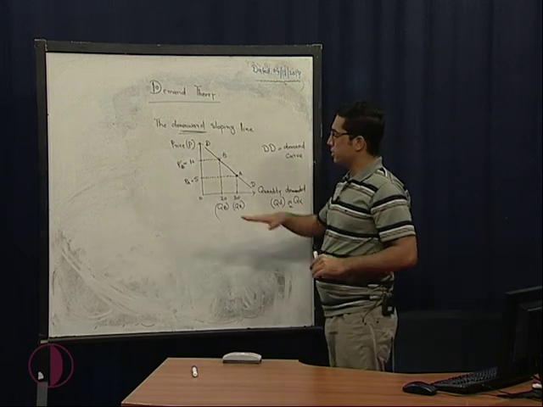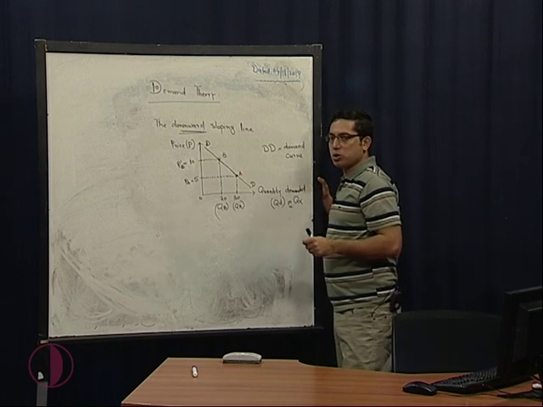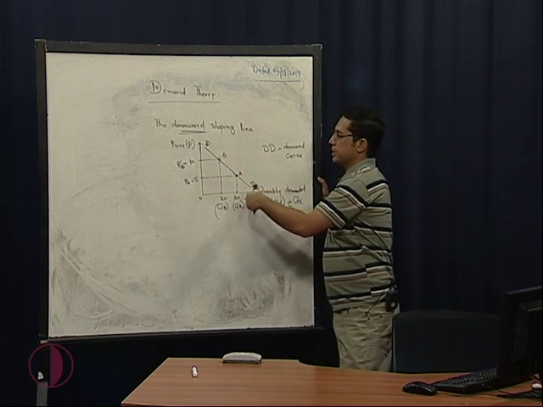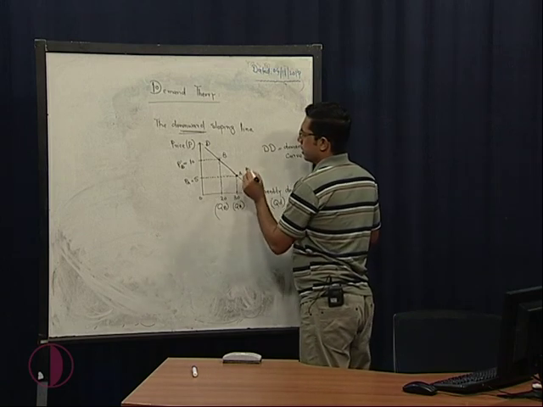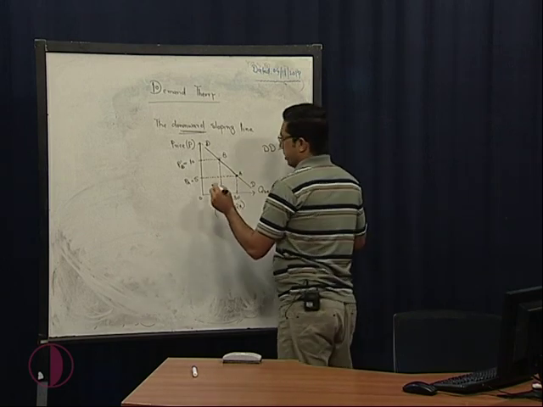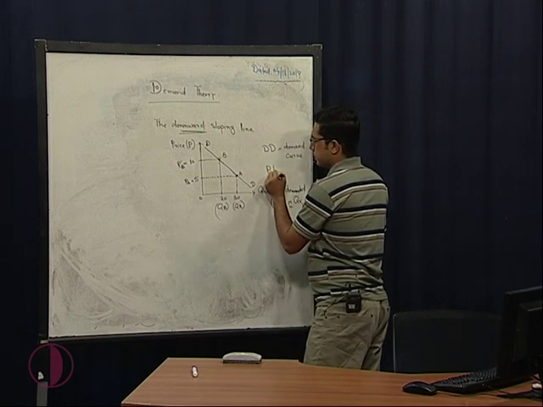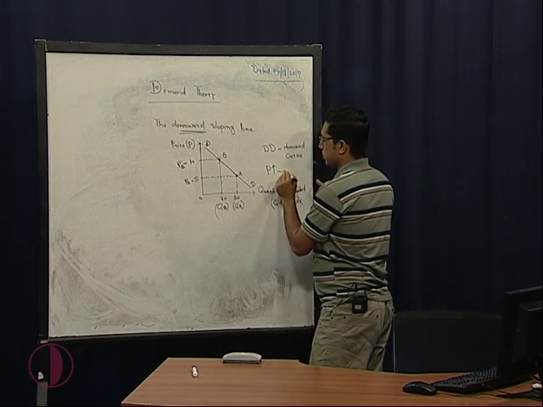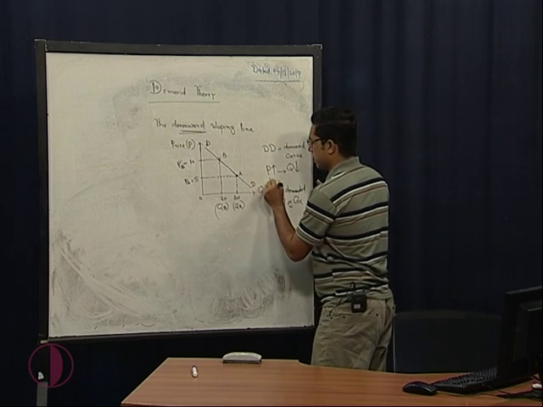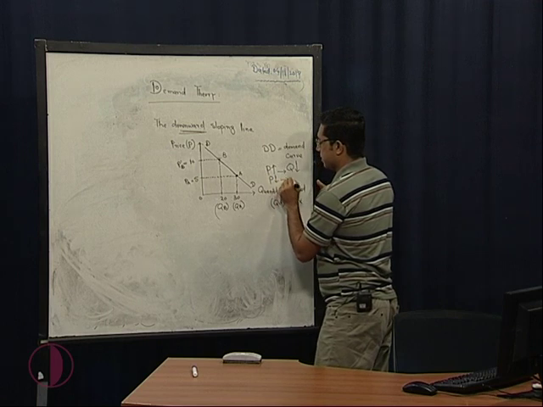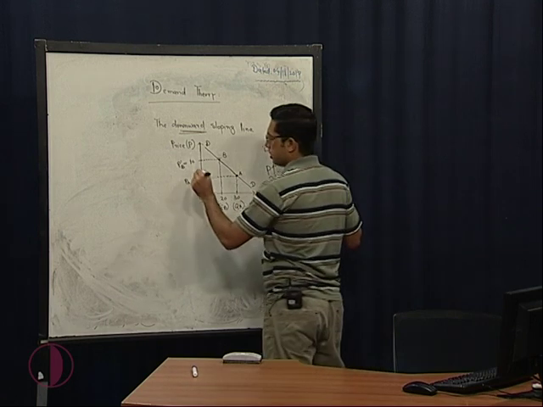Look at this curve. This curve has a downward slope. The slope of this demand curve is downward. So it means that if price increases, quantity demanded decreases, or if price decreases, quantity demanded increases.